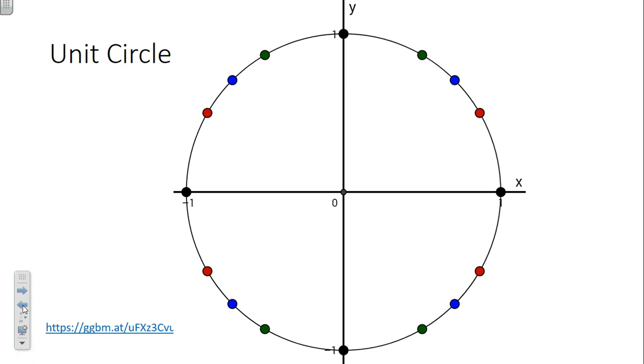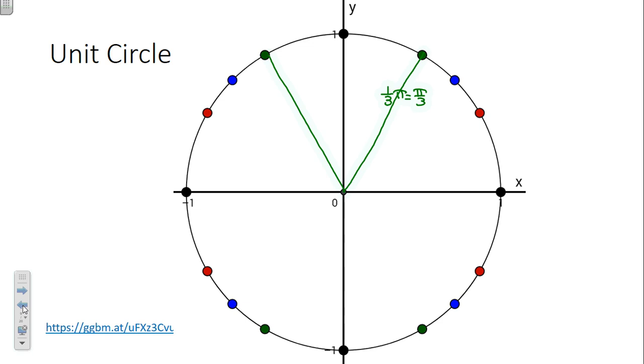That means that we have split this pi radians up into how many equal parts? 3. Okay? So this one is 1/3 of that whole pi, or pi over 3.